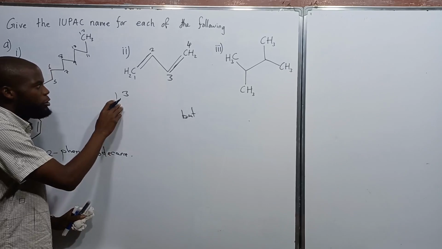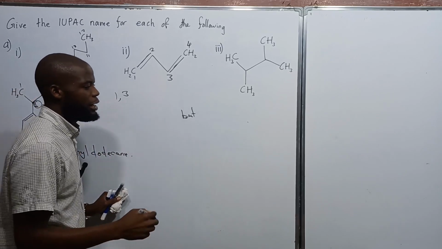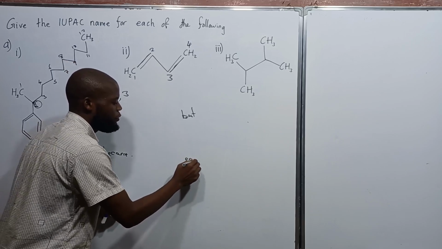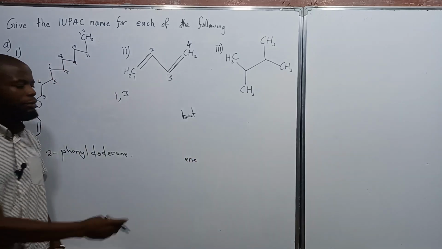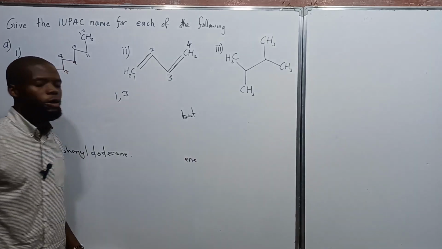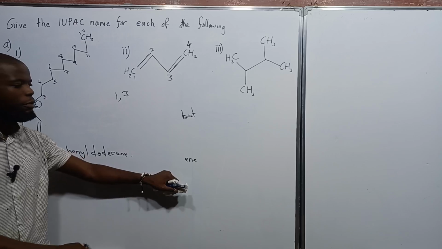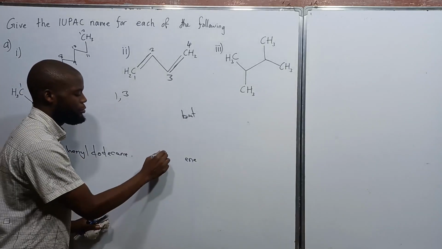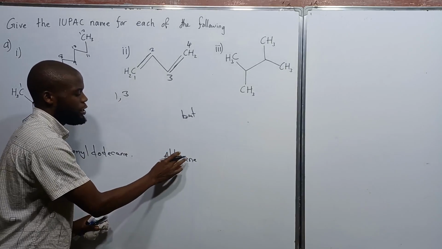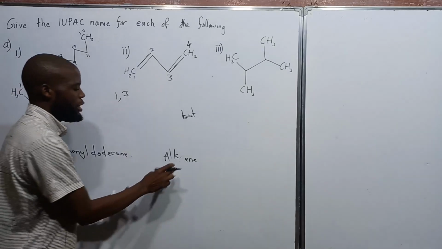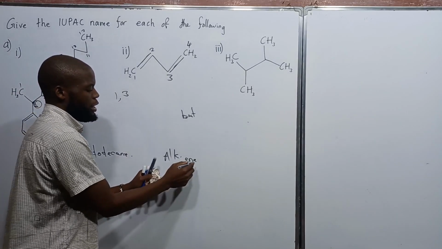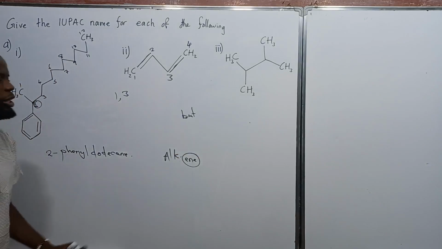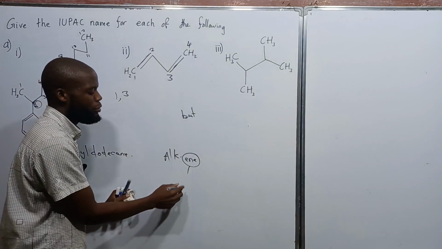If an organic compound has a double bond, the suffix or name ending is supposed to be ene, only to indicate that the organic compound belongs to a family of homologous series called alkenes. So since it's an alkene, the name ending is supposed to end in ene to indicate there's a double bond.